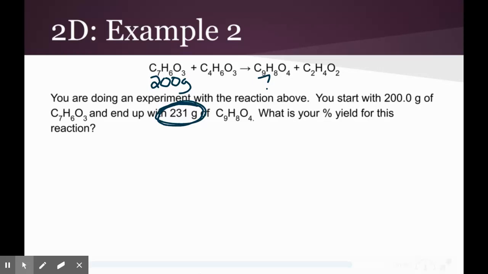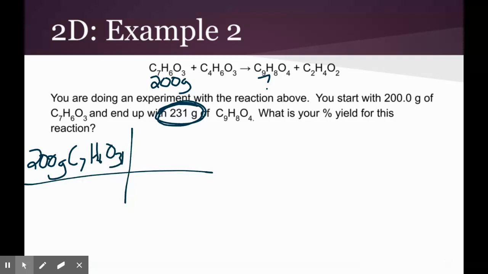So we're going to do one calculation from grams of C7H6O3 to grams of C9H8O4, then we'll use that to calculate our percent yield for this experiment. So 200 grams, and we need to convert that to moles using the molar mass, which is 138.04 grams.